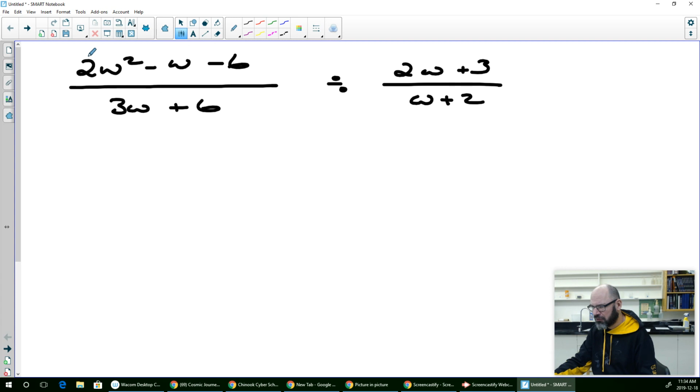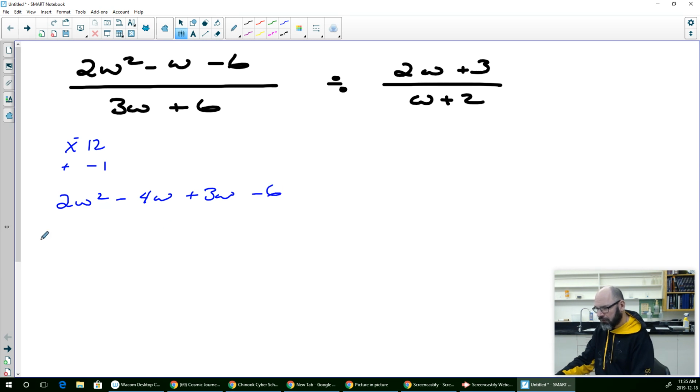We need two numbers that multiply to negative 12 and add to negative 1. That's going to be negative 4 and 3. So I'm going to go 2w squared minus 4w plus 3w, minus 6.